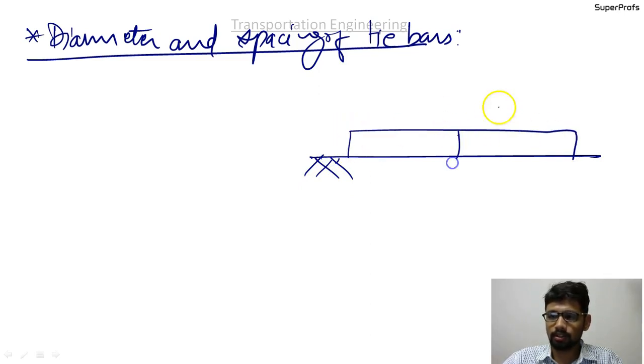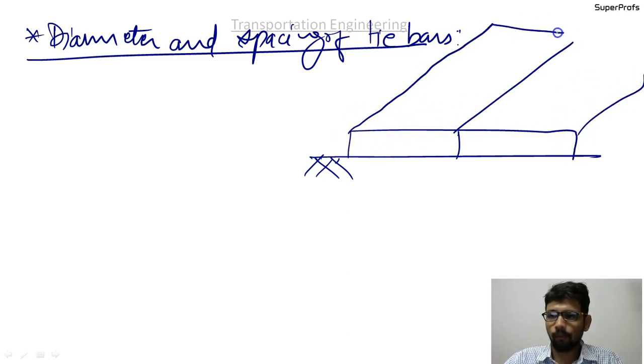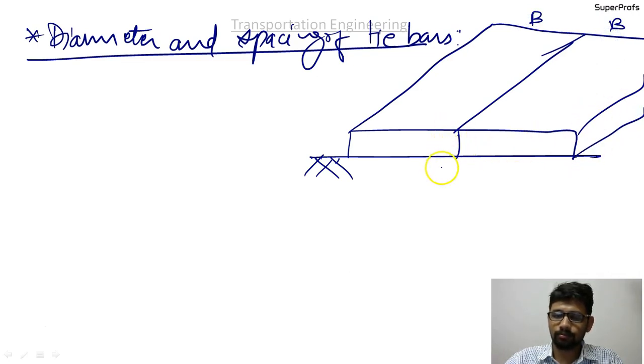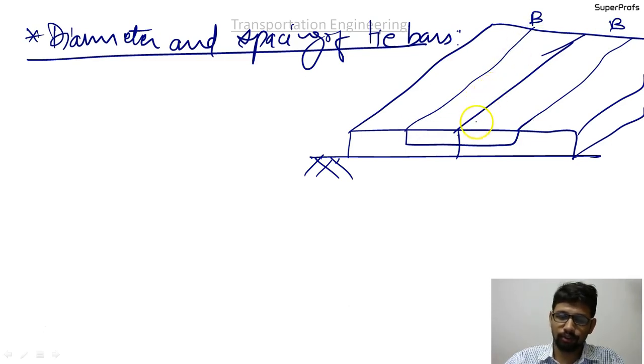So these are the two pyramids like this. Okay. So this is width B, and here in this region there will be tie bars, along the longitudinal joint.